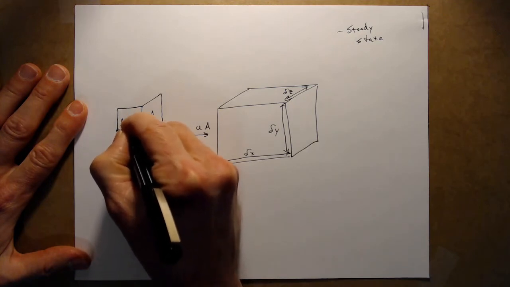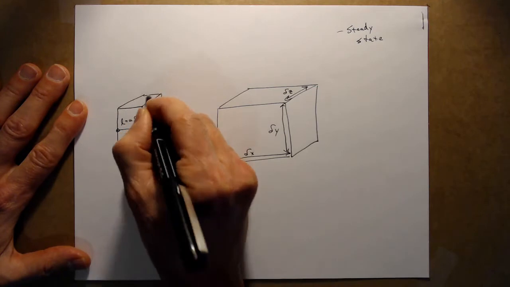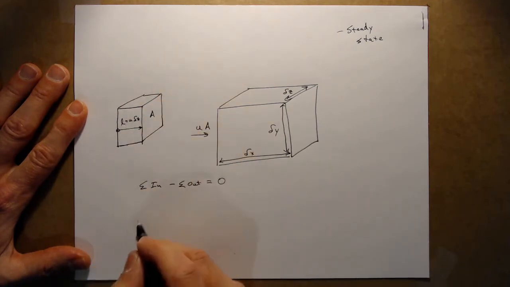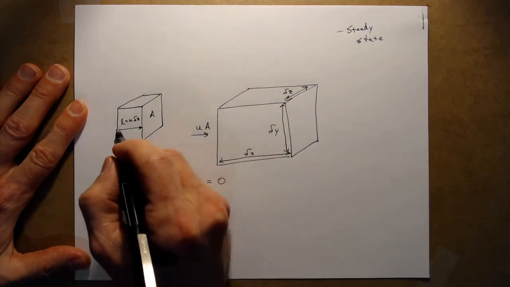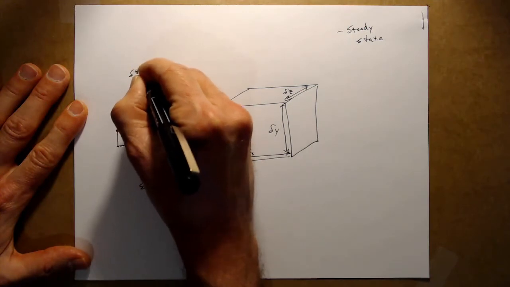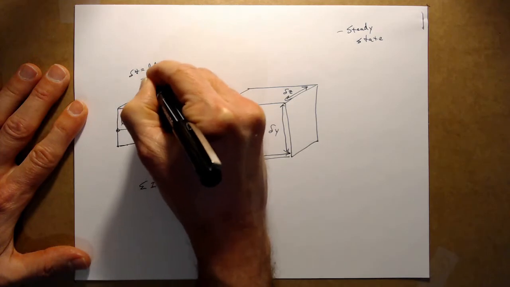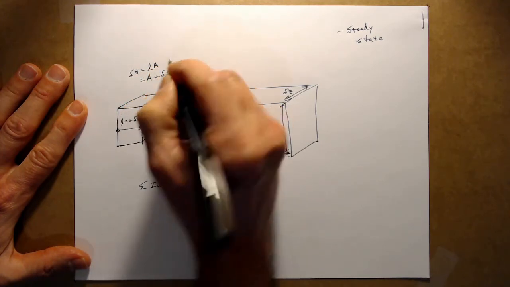That length is just going to be u delta t. And so the volume that passes through surface A or a surface with area A in a time of delta t will just be equal to L times A, or A u delta t.